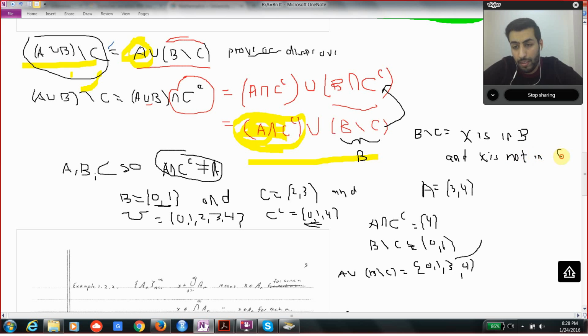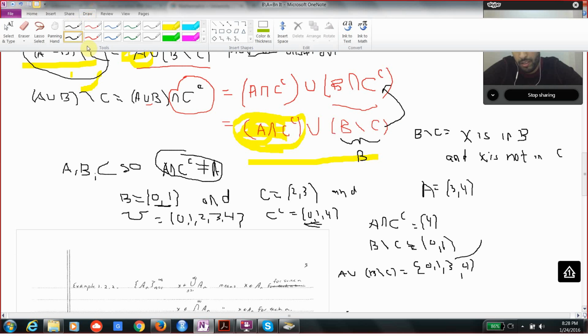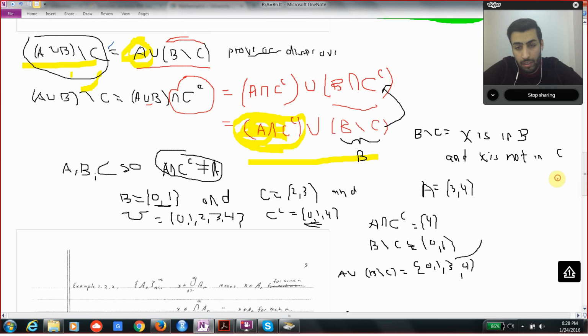And so you can see, the one thing you want to be able to do is take words and translate them into mathematics. So this is a good example because I can write this as saying X is an element of B, right? And X is not an element of C, or X is an element of C complement, right?